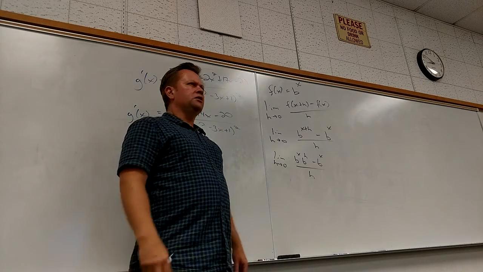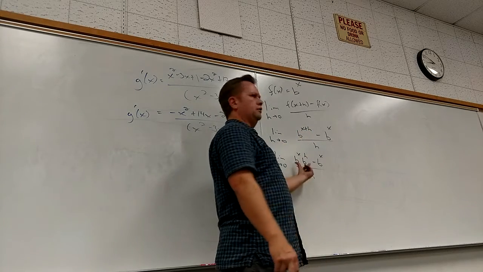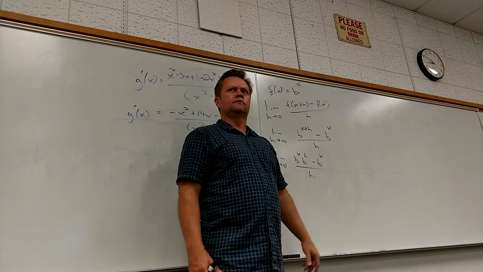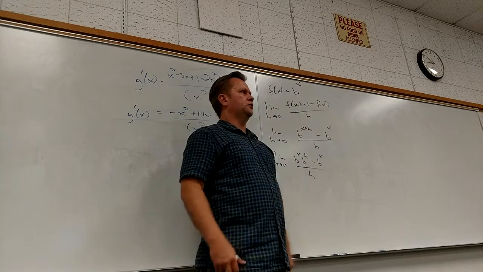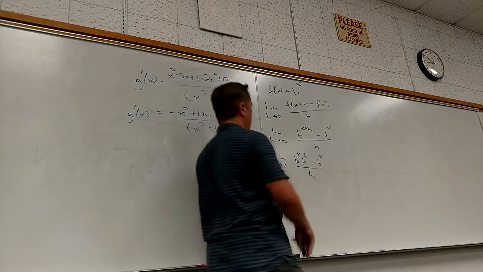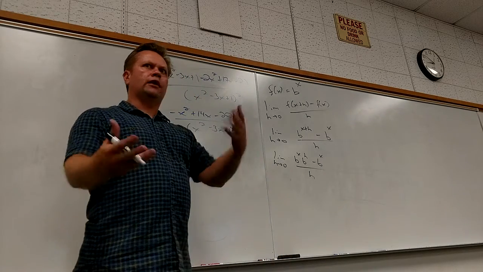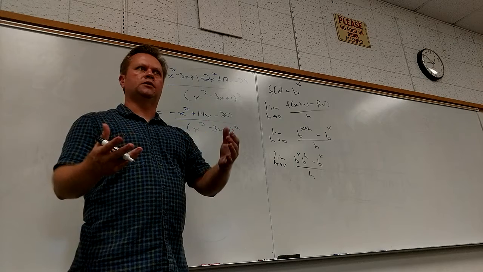I always get somebody going, where'd you get that other b? No. There are x b's and there are h b's. I didn't get any more b's. Now that I've written it all like that, what jumps out at you? What can I do to the top?